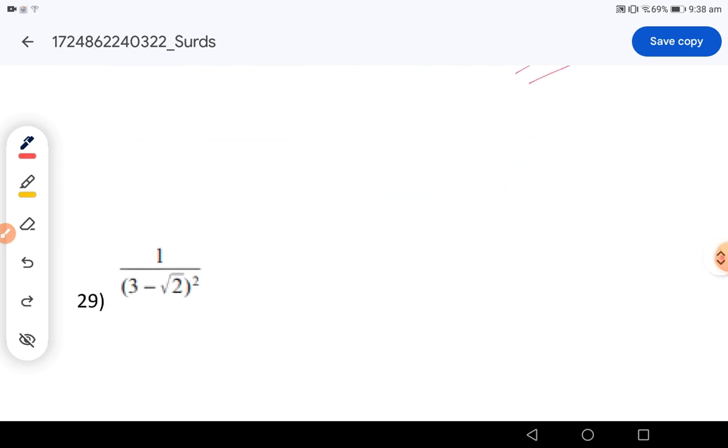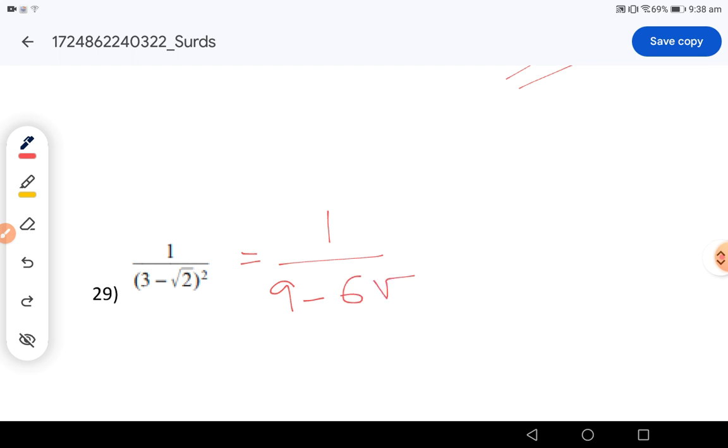Question 29, 1 by 3 minus root 2 whole square. So 1 by, a minus b whole square is a square minus 2ab plus b square. So 9 minus 3 times 2, 6 root 2, and plus b square, plus 2.